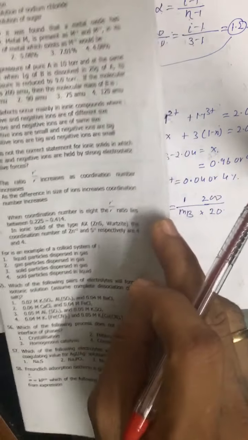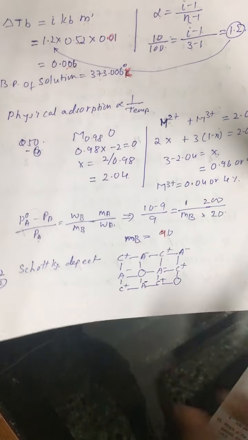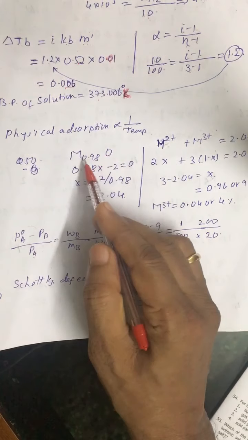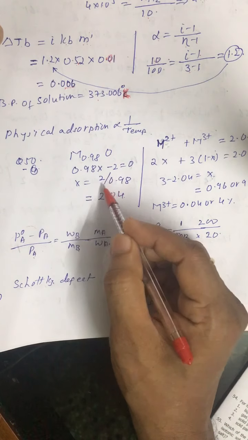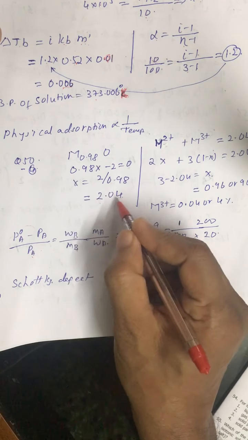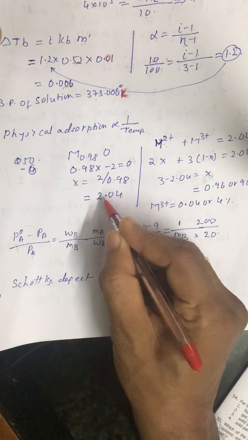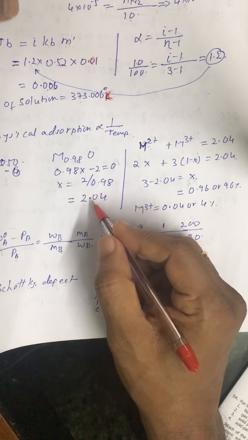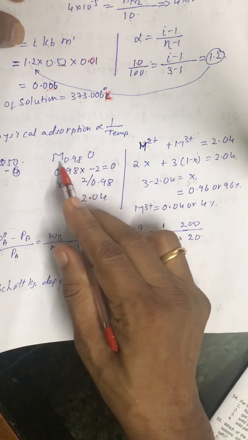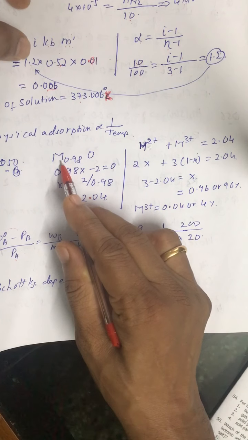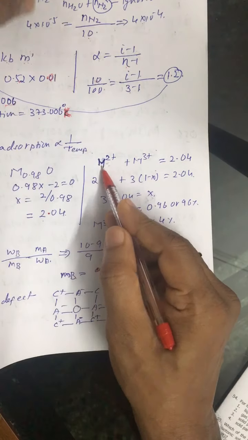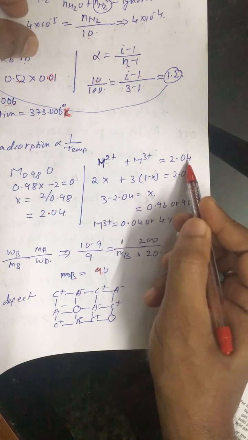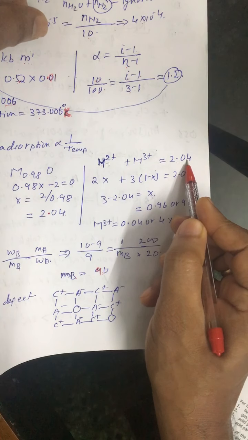So for this question, we have calculated the oxidation state, which comes out to be 2.04. Why are we not getting a whole number? Because this M includes M2 positive and M3 positive. So M2 positive plus M3 positive give 2.04, the combined oxidation state.